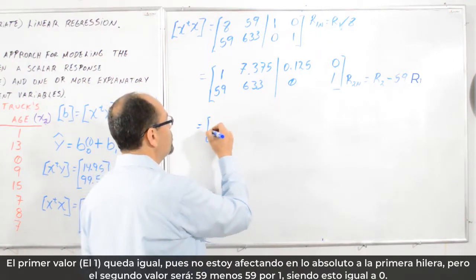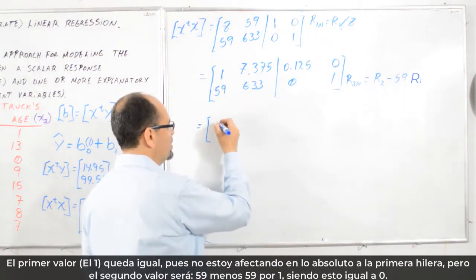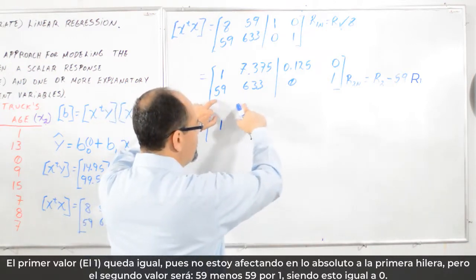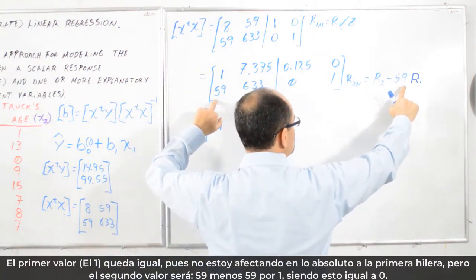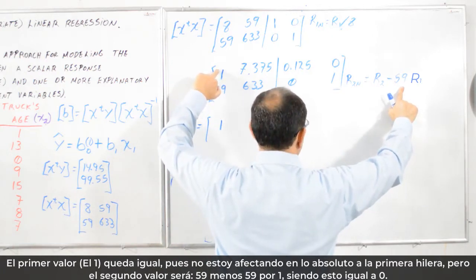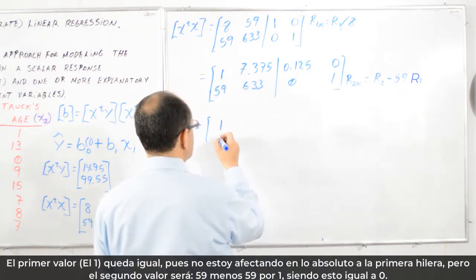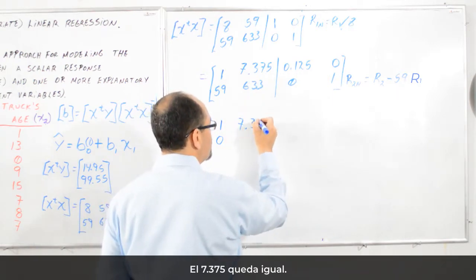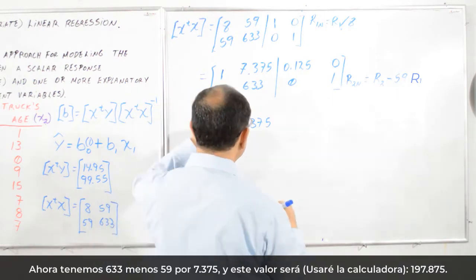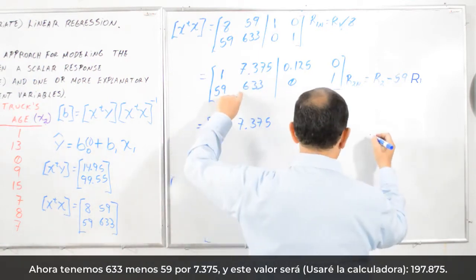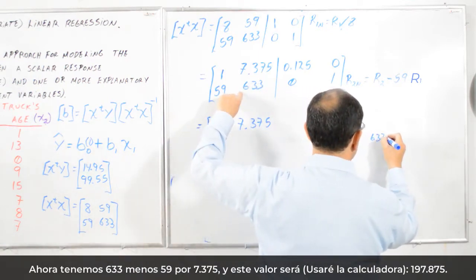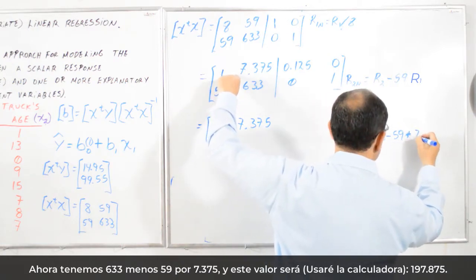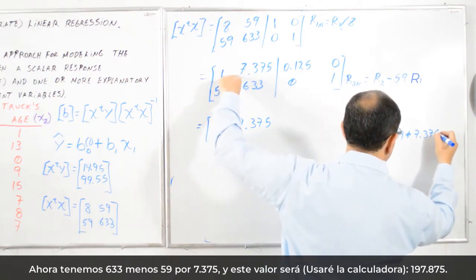The first value is the same. I'm not affecting the first row at all. But the second one, it will be 59 minus 59 times 1. And that will be equal to 0. The next one is the same, 7.375. The next one, it will be 633 minus 59 times 7.375.